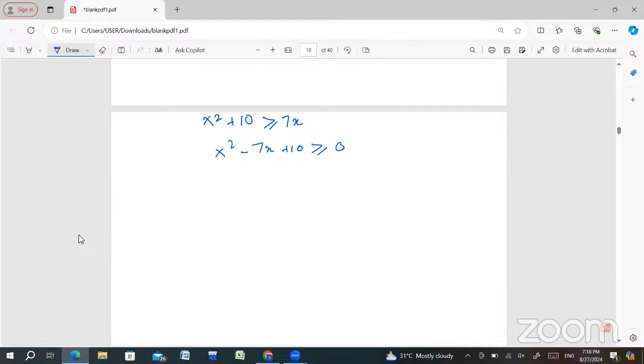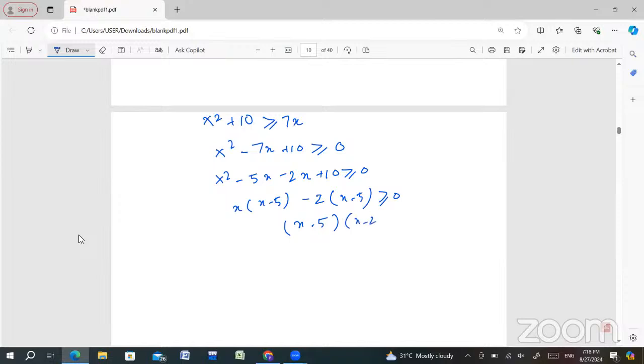Have you solved this equation? Okay, so it will be (x minus 5)(x minus 2) greater than or equal to 0.